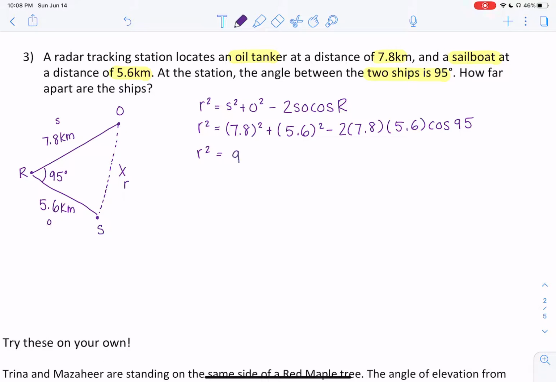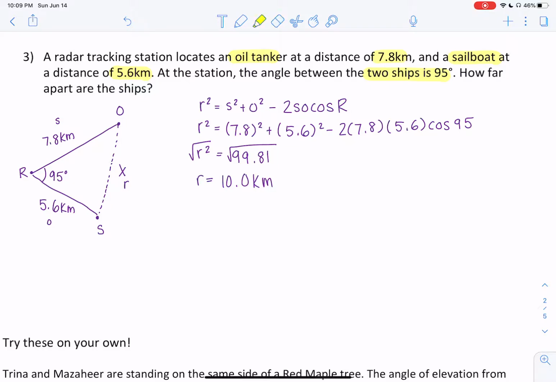So I got that r squared is 99.81, and that is r squared, but we just want r. So in order to get rid of that squared, we're going to square root both sides. So r is equal to the square root of 99.81, which gives us 10.0 kilometers.